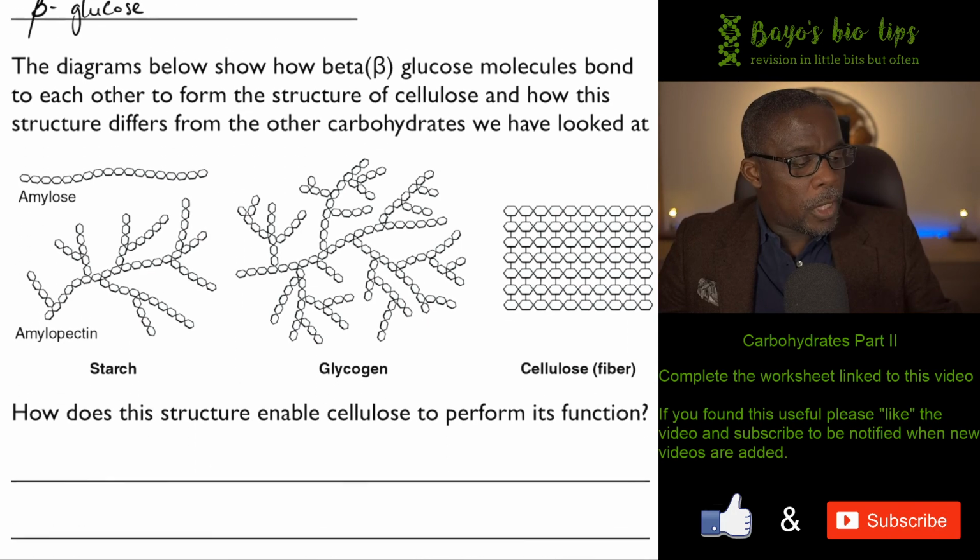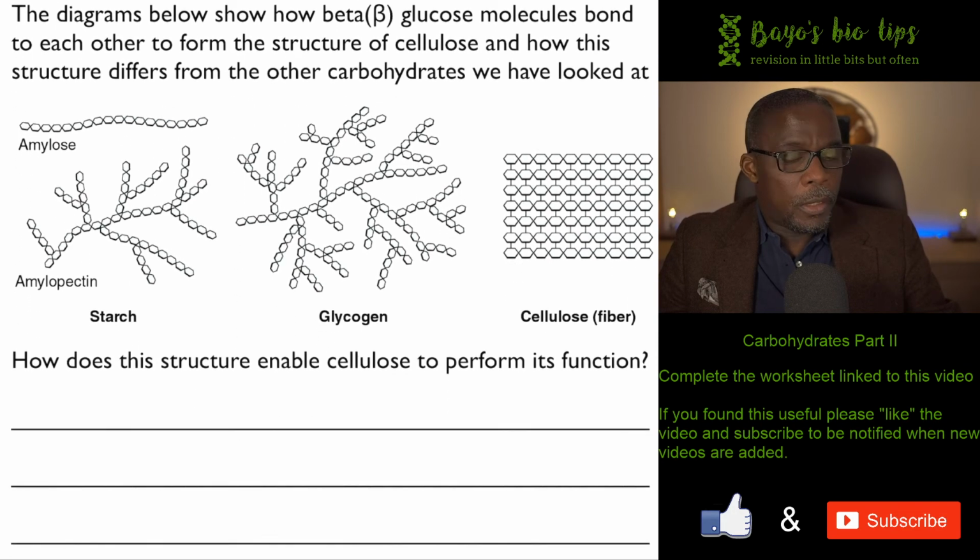So if we have a look down here, we can see the structures of starch, glycogen, and cellulose. As you can see, starch is made up of two subunits, amylose and amylopectin. Amylose is a linear chained structure, whereas amylopectin is branched. Glycogen is quite similar to amylopectin, but it has a lot more branches. So that makes it more compact and more able to store a greater quantity of glucose.